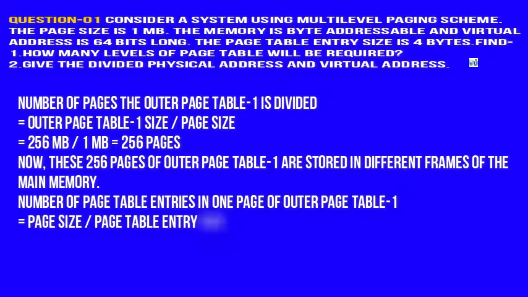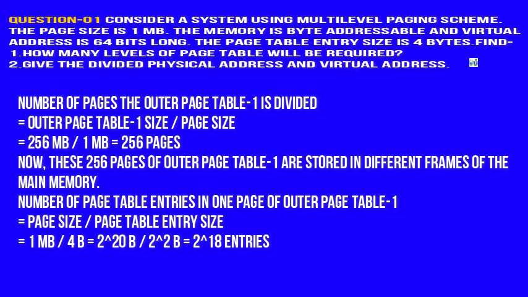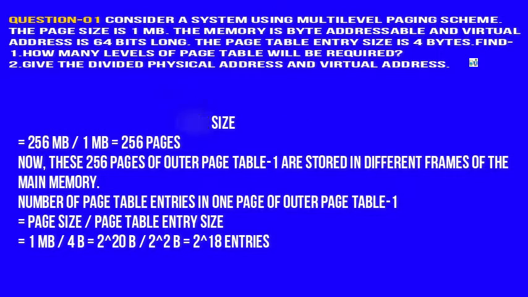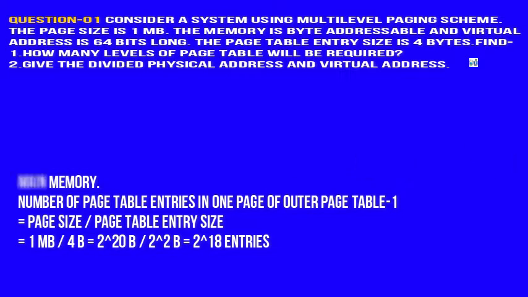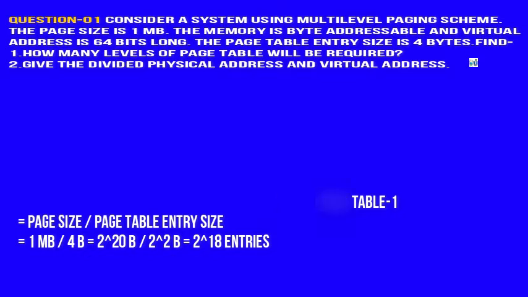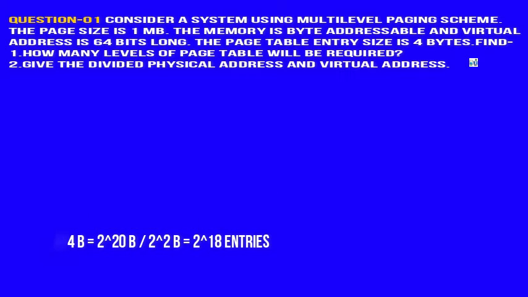The number of page table entries in one page of outer page table 1 equals page size divided by page table entry size. The page size is given as 1 megabyte and the page table entry size is already given in the question as 4 bytes. It means 1 megabyte is 2 to the power 20 bytes divided by 4 bytes, and 4 bytes we can represent as 2 to the power 2 bytes.